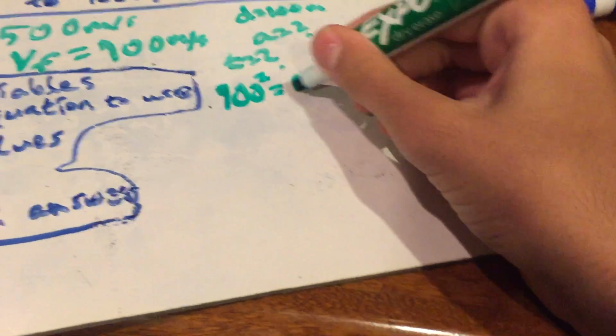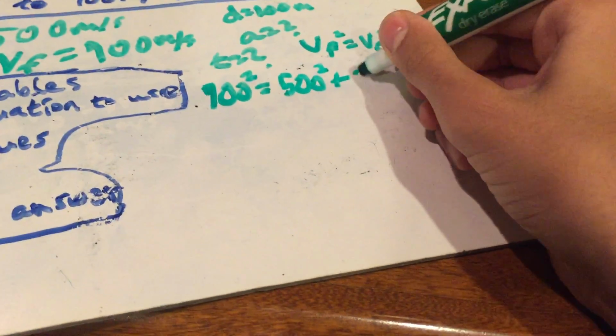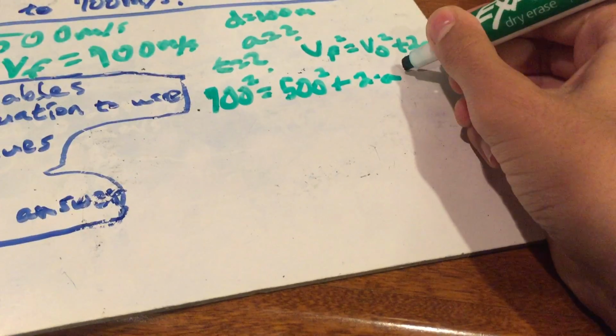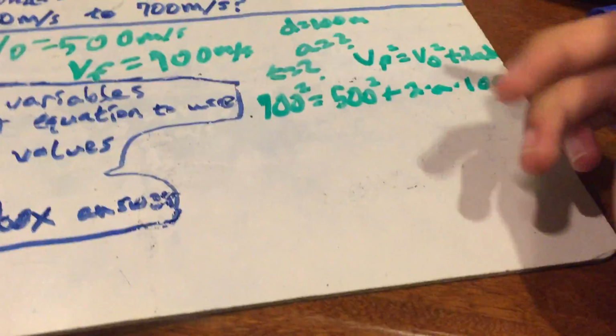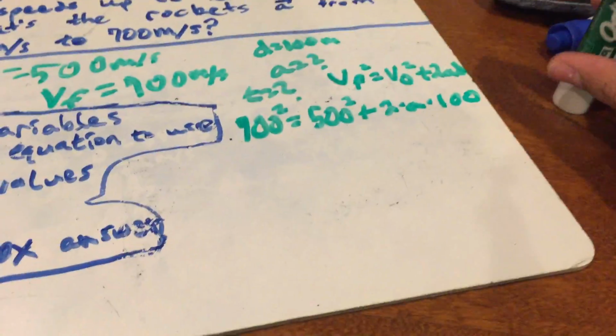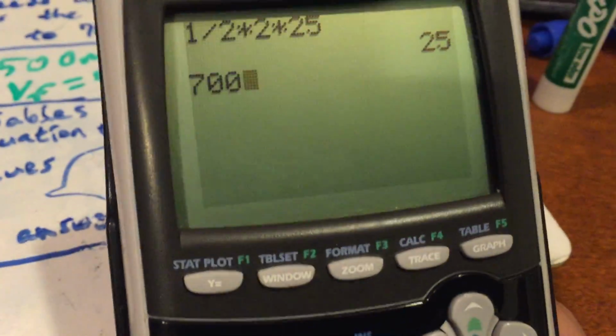Equals velocity, oh, this could be a big number, plus 2 d, which is 100. Okay, now let's simplify this. So we get our handy dandy calculator. Wow, this is gonna be a big number.